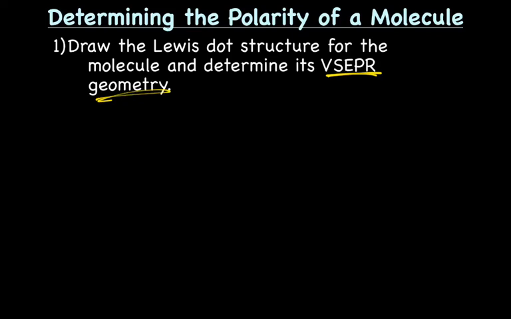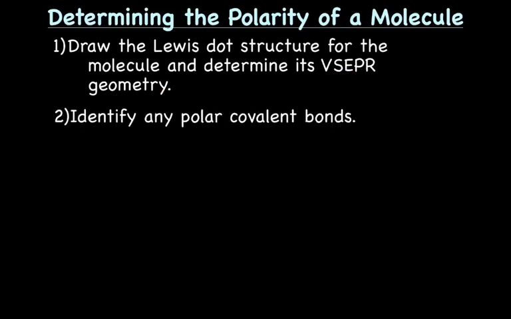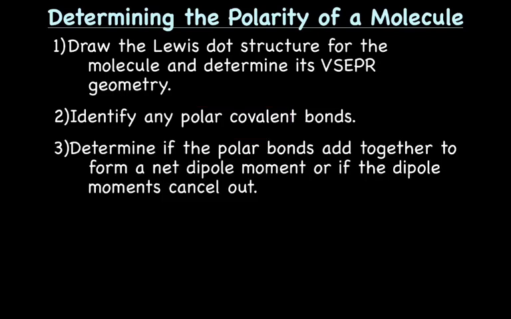You need to know the shape, so you can see the angles of the bonds and figure out if the polar bonds line up. Next you need to identify if there are any polar covalent bonds. Sometimes there won't be. But if there are, the next thing you need to determine is if the polar bonds add together to form a net dipole moment, like water, or if the dipole moments cancel out, like carbon dioxide.